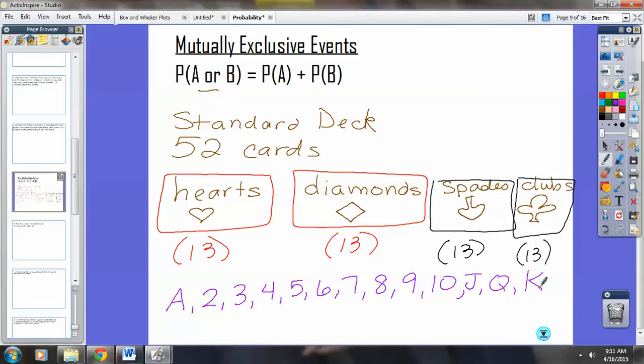It's higher than queen. It just depends on the situation. For today's purposes, we're going to assume ace is the low card. That makes 13: 1, 2, 3, 4, 5, 6, 7, 8, 9, 10, 11, 12, 13. Are there any questions about cards? I'm sure you have a general idea of what we're talking about. Sometimes it's confusing if you've never played cards before.